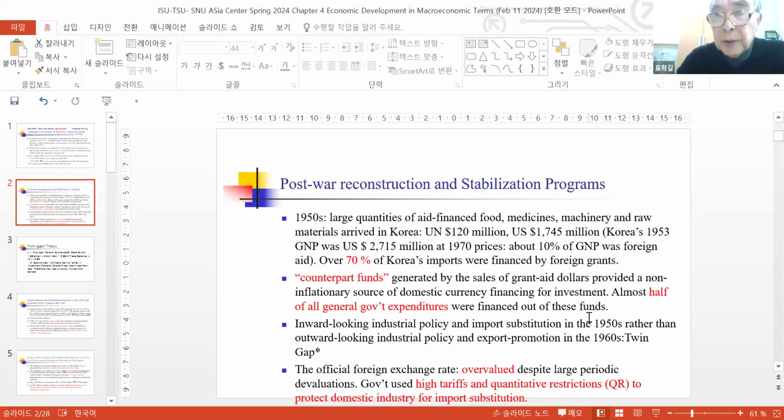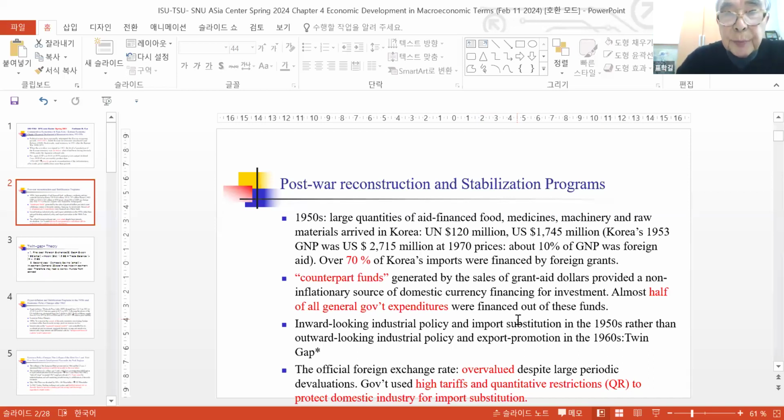Therefore, during the 1950s, they could not do anything else except import substitution. So instead of importing a lot of sugar cane, a lot of oil, a lot of hygiene products, a lot of textile products, they tried to substitute by localizing.